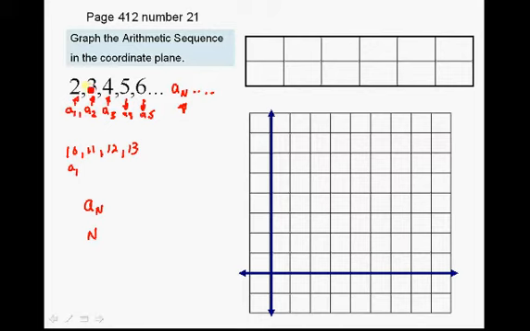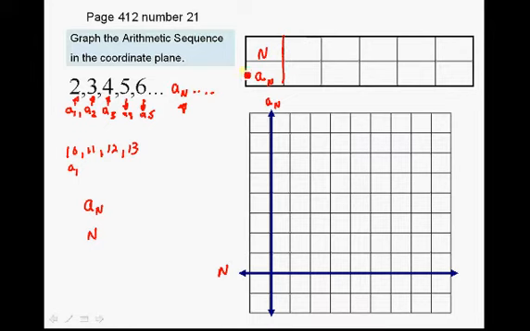Tables are always the easiest way to go when having to do a coordinate plane. The n is the x, what would be considered the x-axis, and a sub n is the y, what would be considered the y-axis.